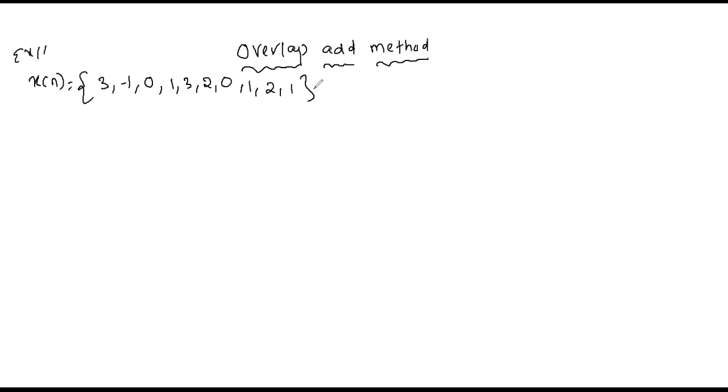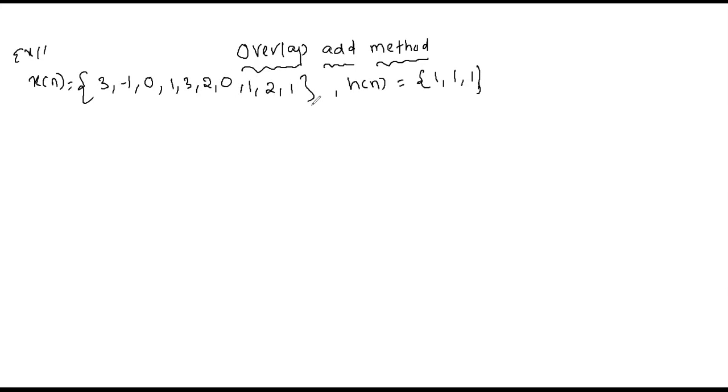Let this be my input sequence, and the impulse response h of n equals 1, 1, 1. Now I want to find the linear convolution between x of n and h of n using the overlap add method. Now what to do?